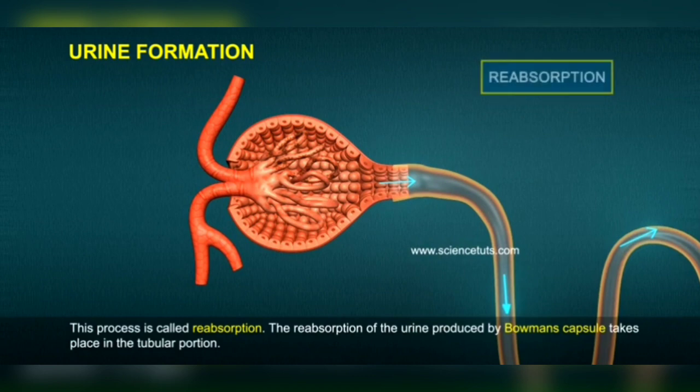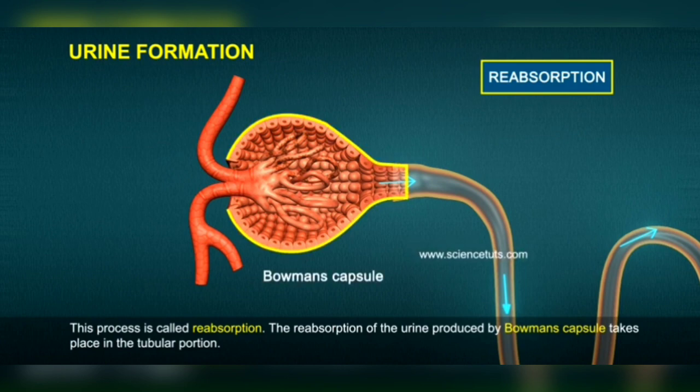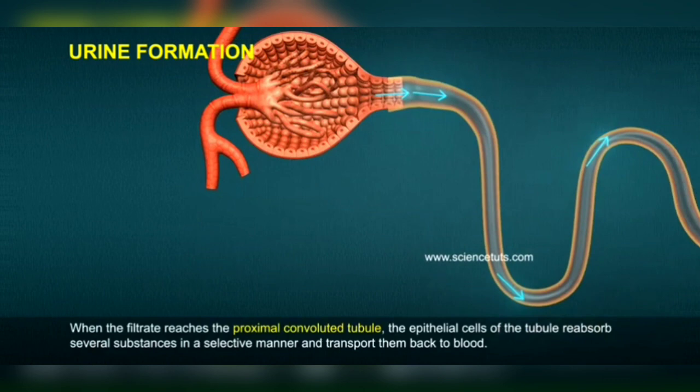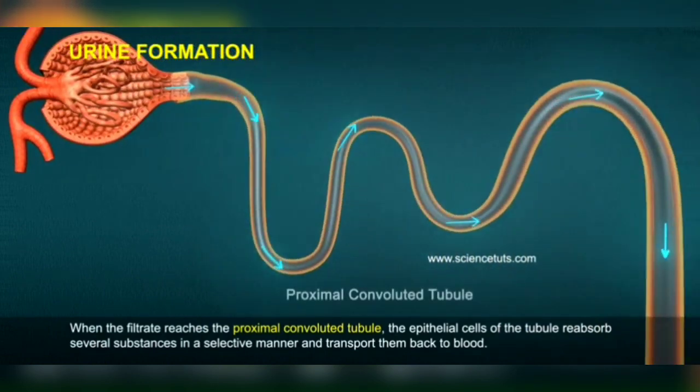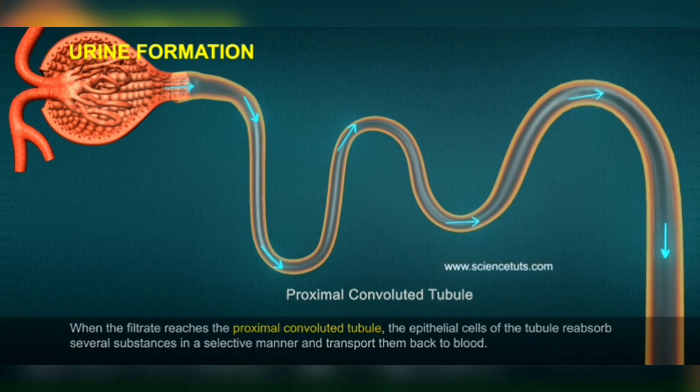This process is called reabsorption. The reabsorption of the filtrate produced by Bowman's capsule takes place in the tubular portion. When the filtrate reaches the proximal convoluted tubule, the epithelial cells of the tubule reabsorb several substances in a selective manner and transport them back to blood.